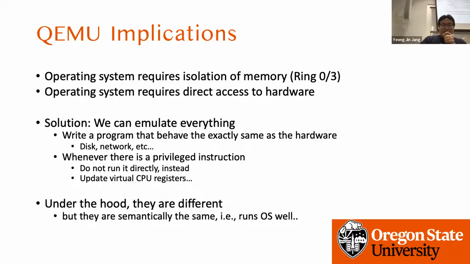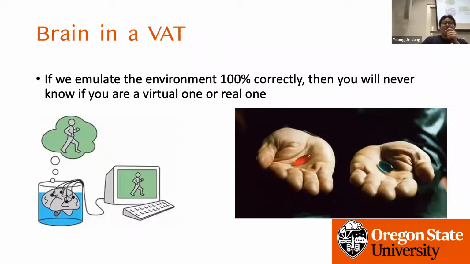And for fun, you can think of it this way. Have you heard of the term brain in a vat? Do you know the story of the Matrix movie series? In there are two pills, a blue pill and a red pill. If you take the blue pill, you are still in the dream. With the red pill, you can get out of it.